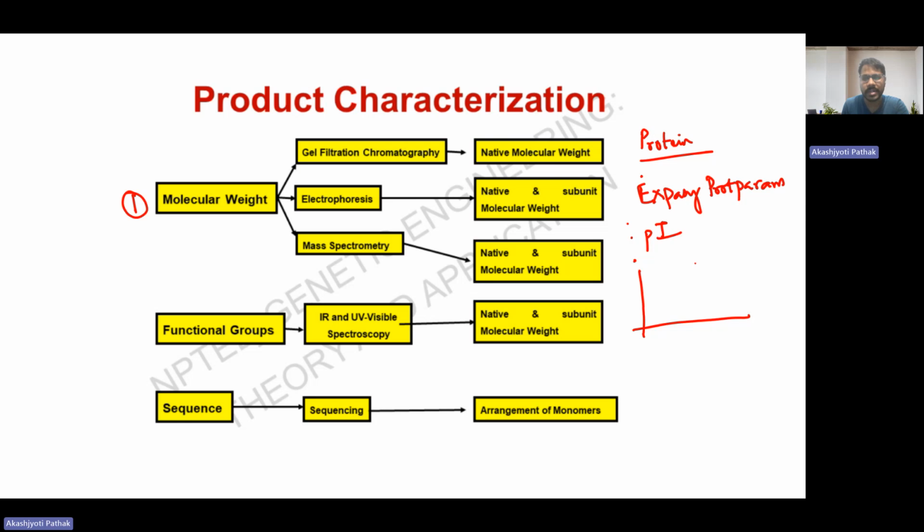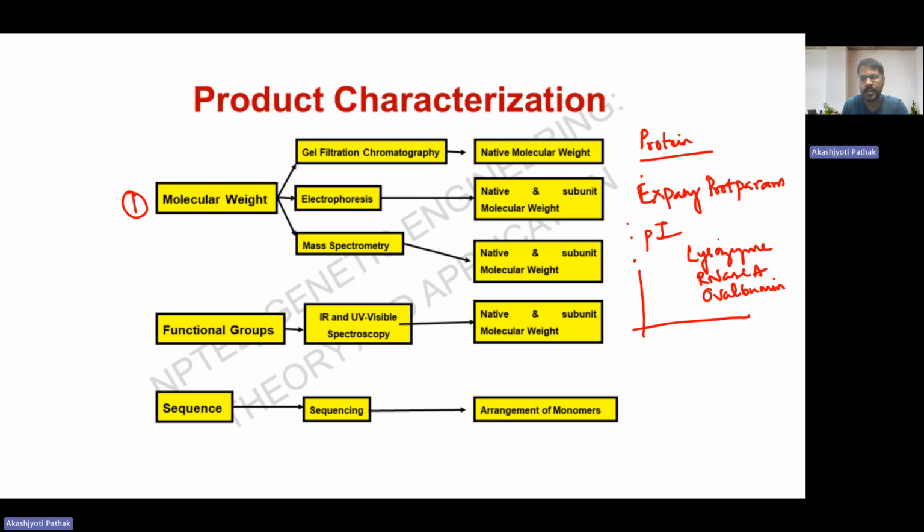What do we mean by standards? There are a few standard proteins like lysozyme, RNase A, and ovalbumin. All these different proteins have a particular molecular weight. You inject each of these proteins one by one into the column, and depending on their molecular weight, they will be eluted at different times.